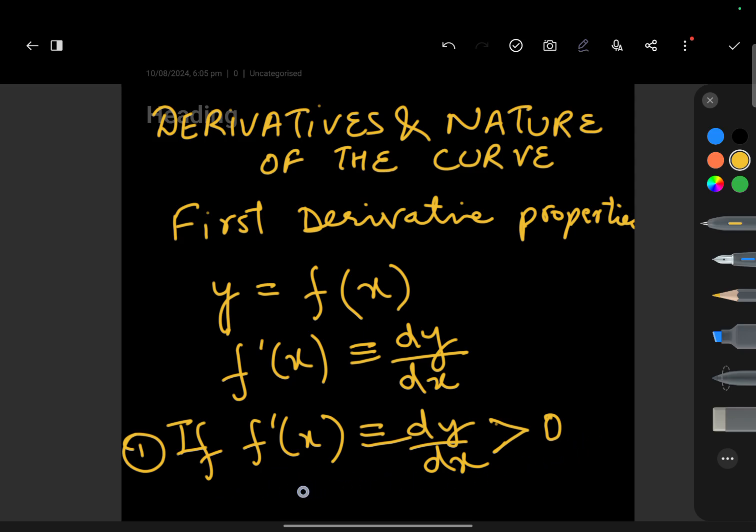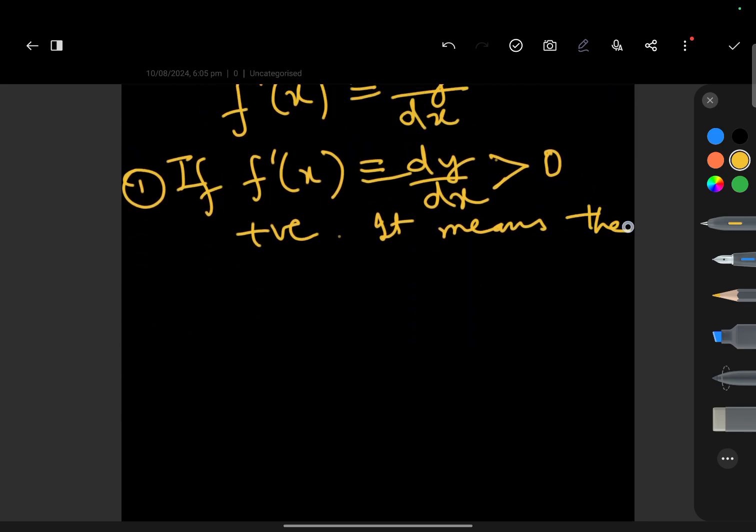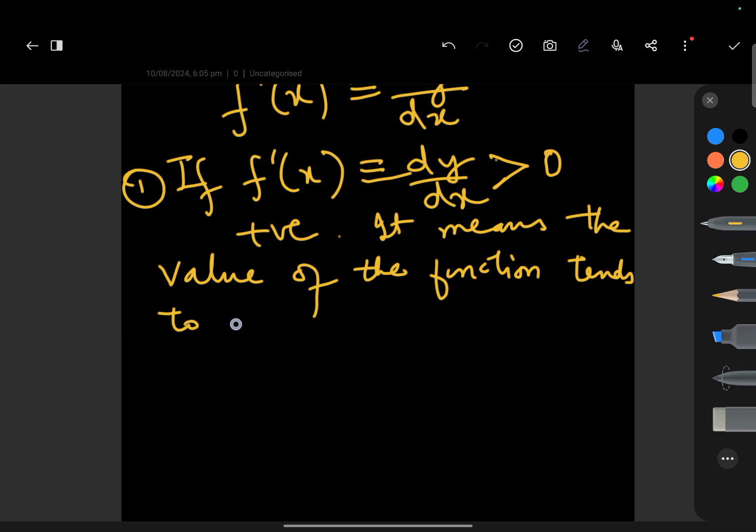So the value of the function tends to increase, or the curve rises.